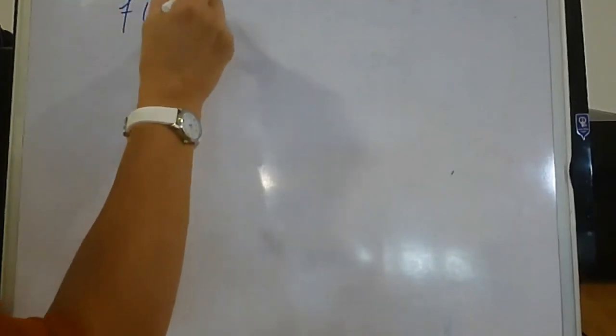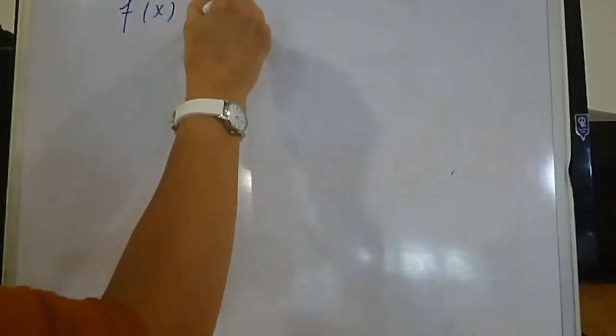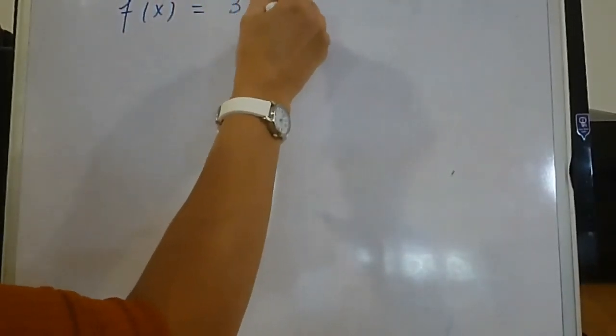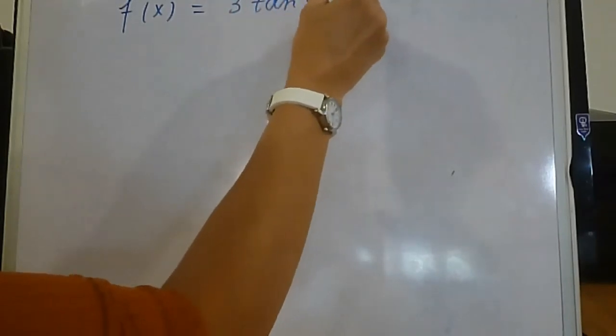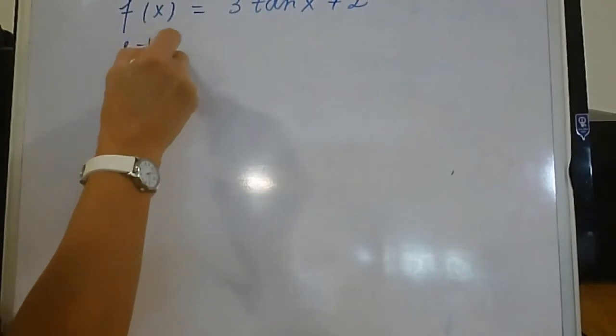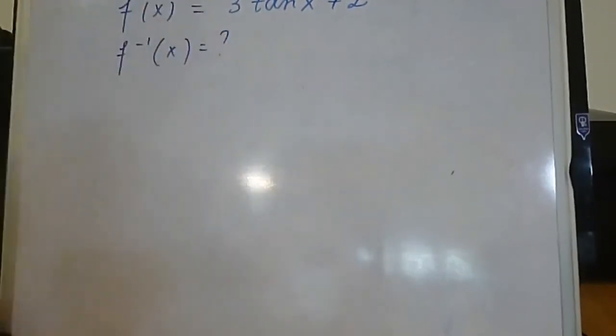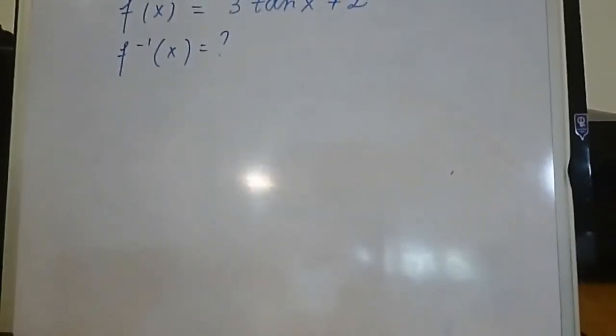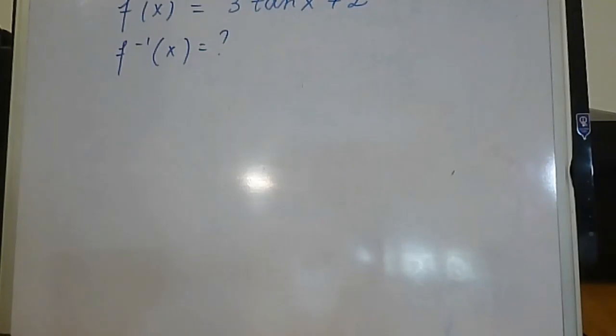So f of x equals 3 tangent of x plus 2. The question is to find the inverse. At this moment you can stop recording. I'm going to wait 3 seconds and do the solution. You can do the solution and then look at the rest of the recording.